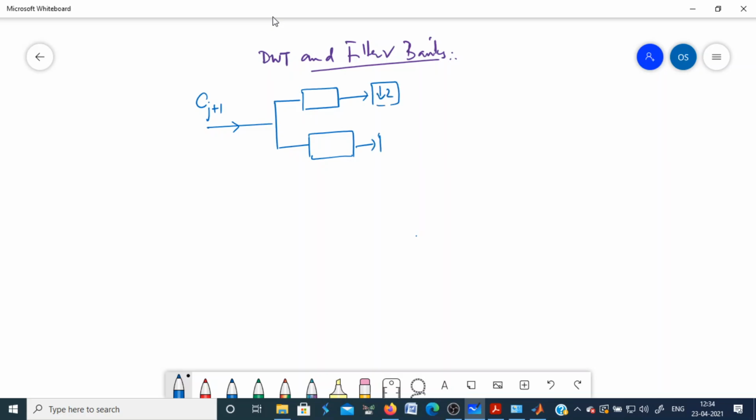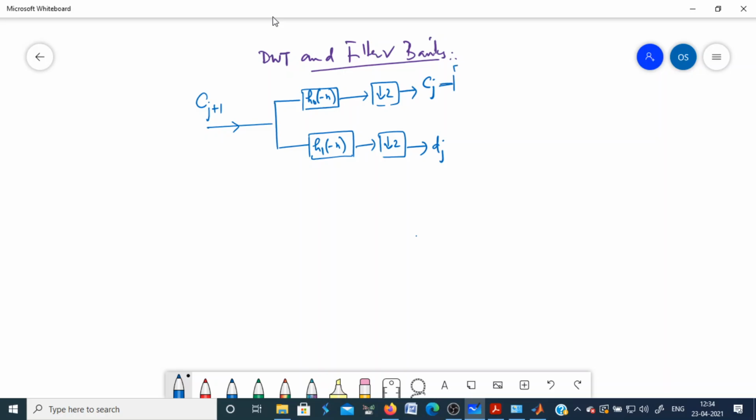by passing these coefficients through a sequence of filters with the impulse response h0 of minus n and h1 of minus n, and then decimation by a factor of 2. So you get here Cj, and you get here detailed coefficients at level j, and then we repeat this process.